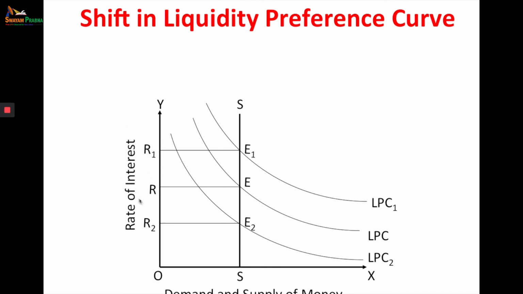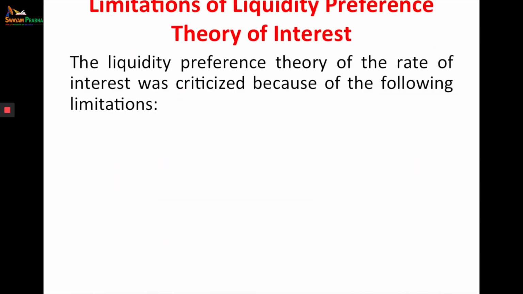On OY we have the rate of interest, and on the X-axis we have the demand for and supply of money. If the demand for money increases, the LPC will shift to LPC1, and a new equilibrium E1 will be there. And if the demand for money decreases, there will be a decrease in the rate of interest, and the new equilibrium point will be E2.